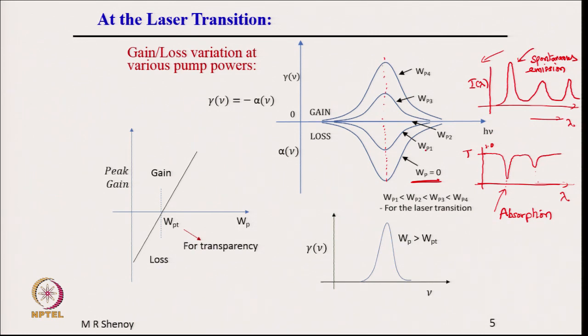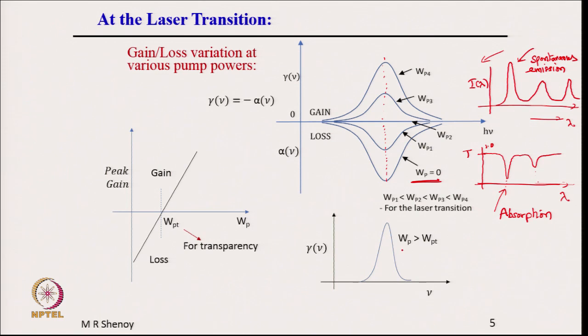As you pump, the absorption reduces, and with further pumping absorption becomes almost 0, which means it is almost transparent, and with further pumping the system starts giving out radiation because there is a certain gain coefficient. These aspects we have discussed in detail earlier, and this is shown here.